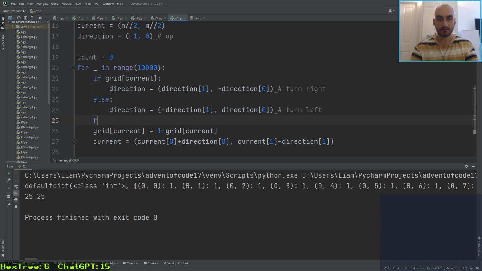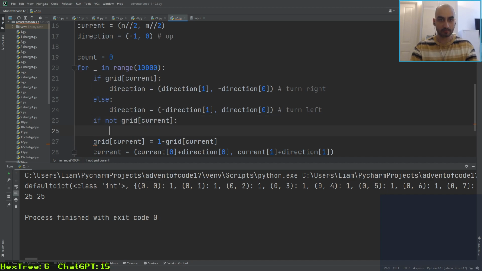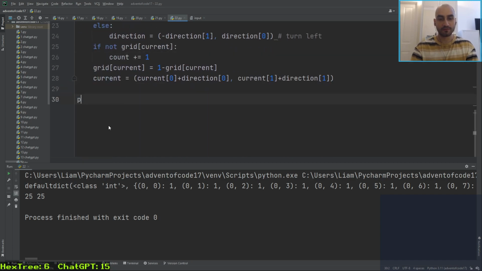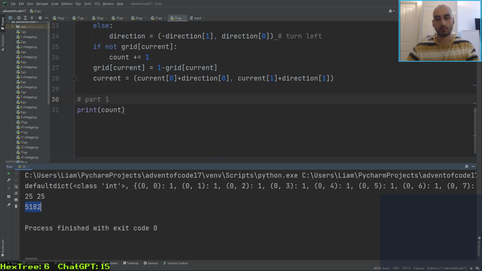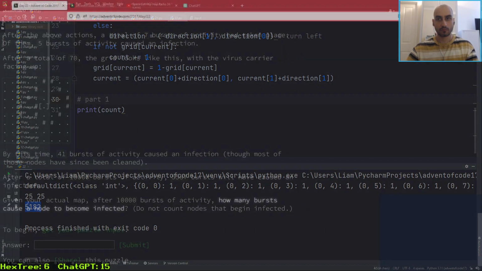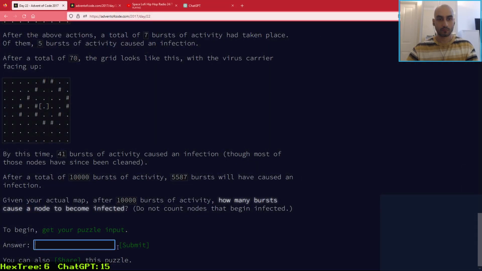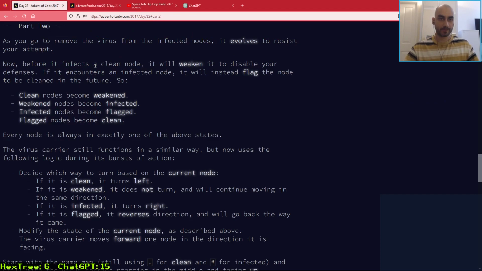So we want to say if grid current was not infected, it's going to become infected. So we record 1, add 1 to the count. And then finally just print count. 5182. Correct. That was an easy part 1, I think.